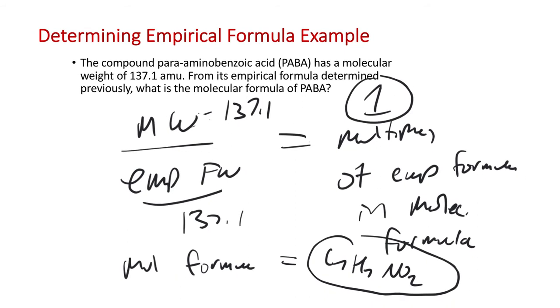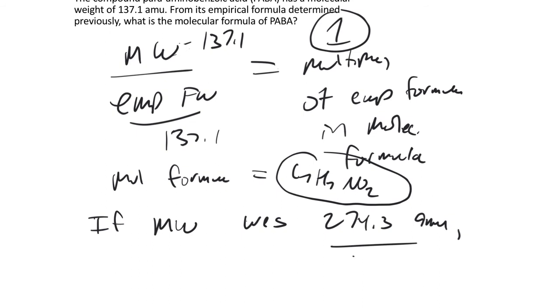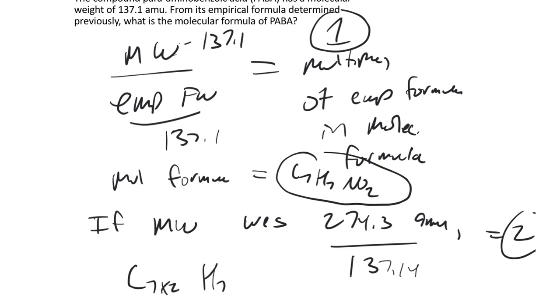So if instead the molecular weight was 274.2 or 274.3, then we'd have that mass divided by 137.14, and that would equal 2 units. And so the formula then would be C7 times 2, H7 times 2, N1 times 2, O2 times 2, for C14, H14, N2O4.